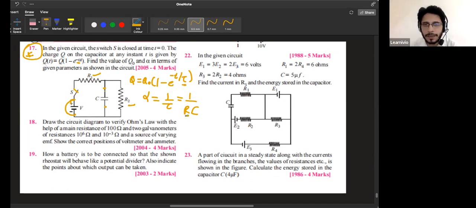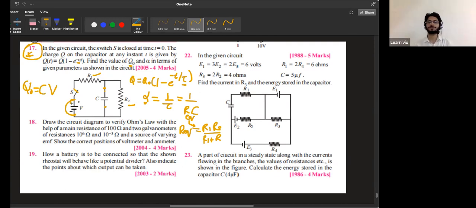So your R here is R equivalent, and that R equivalent is the parallel combination of R1 and R2. It's R1 R2 by R1 plus R2. So this is the value of R. You need maximum charge. What is maximum charge? Maximum charge here is CV. C is capacity, V is the voltage of the battery. That's it. Note it down.